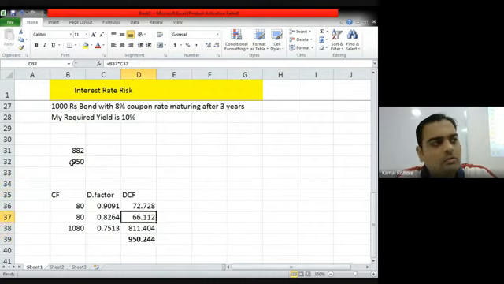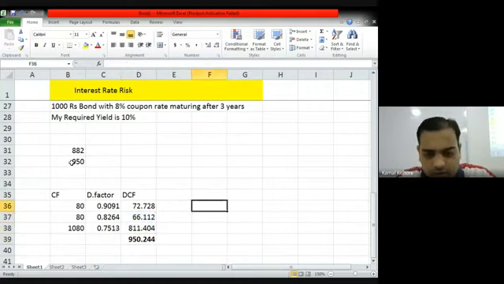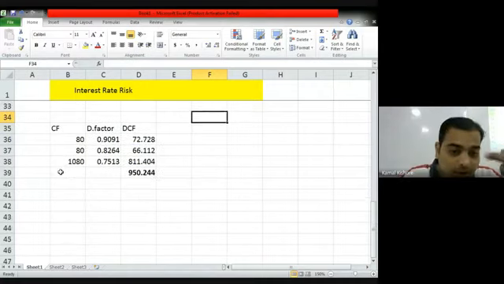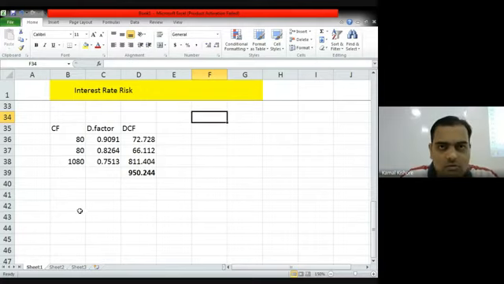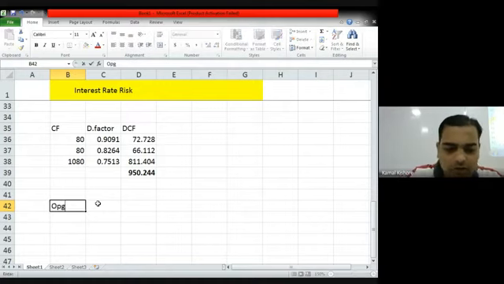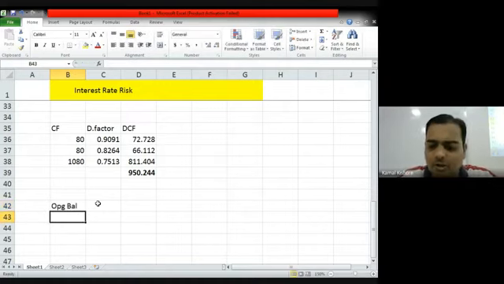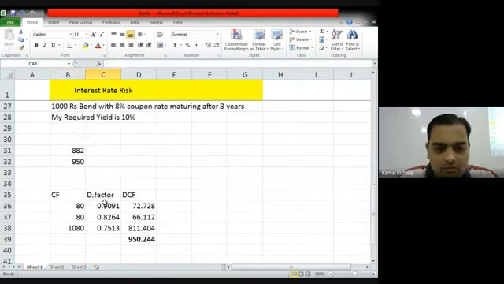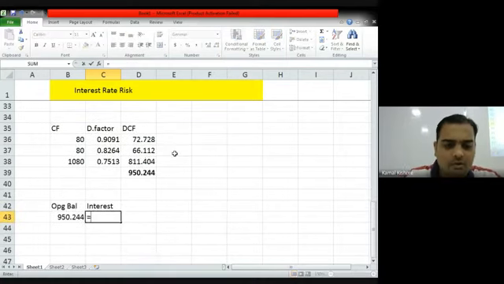Now, this is basically the present value of all the cash flows. So what we are telling is the value of the bond today is 950.244. Now, if you apply the amortization logic here, what we have seen in amortized accounting in your leases, everything is the same. Opening balance is 950.244. Interest at 10%, this into 10%.